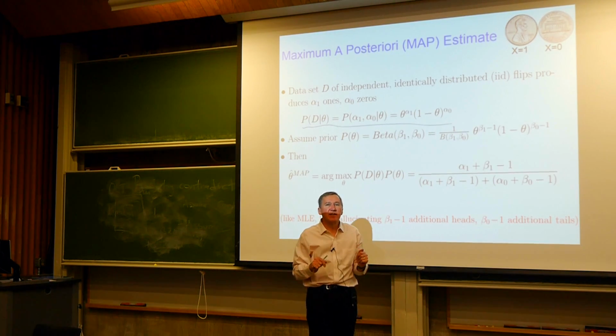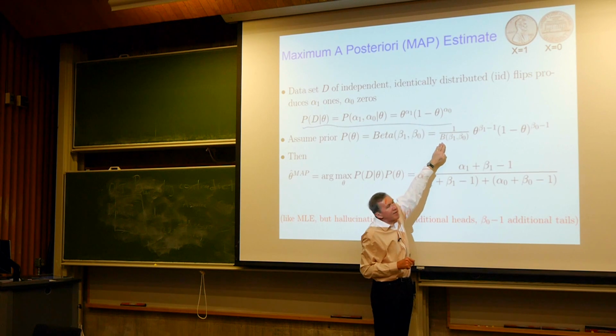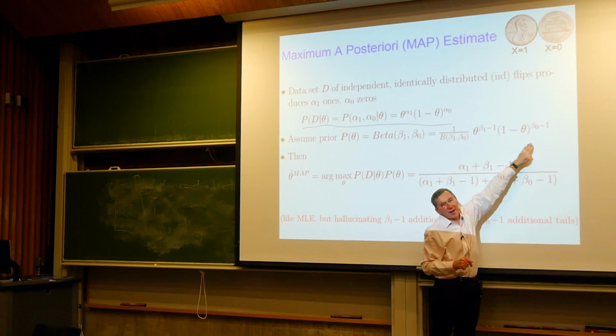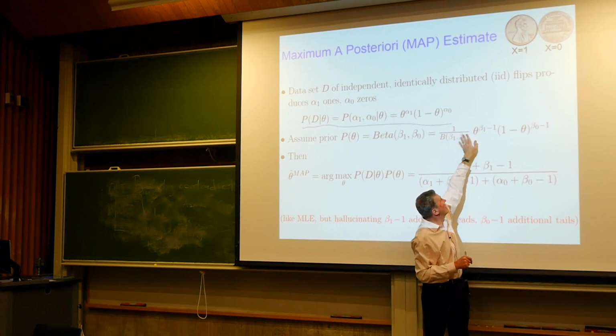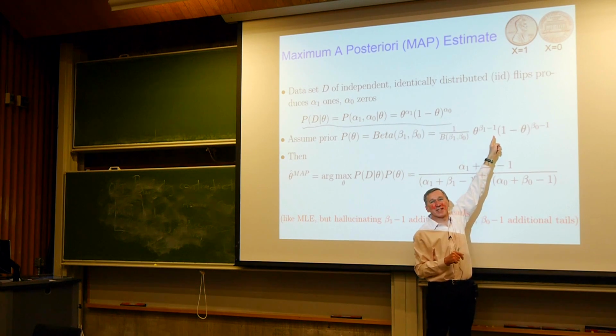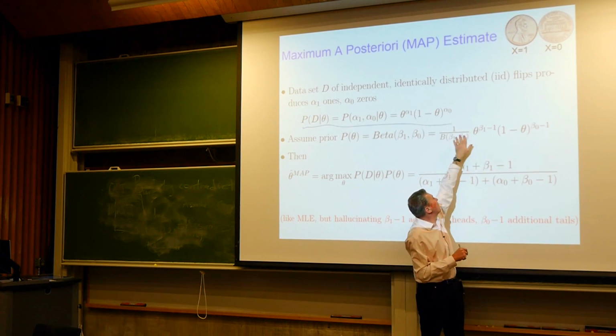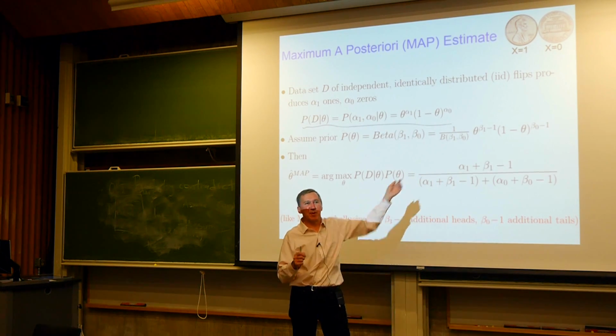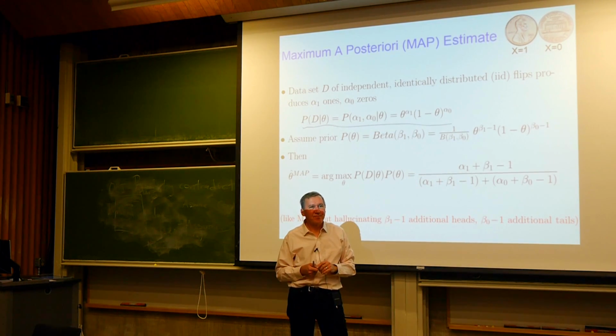It's the same idea. What this B function is, is just some quantity that makes sure the integral under this expression equals 1, because we just normalize by it.